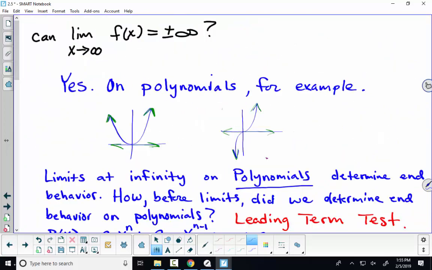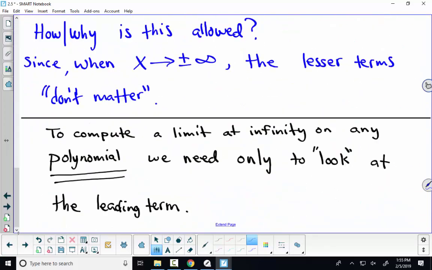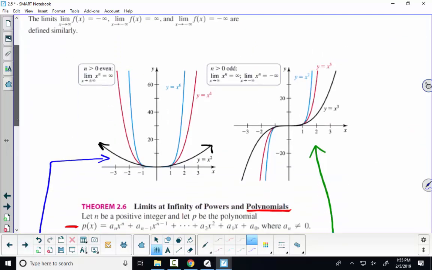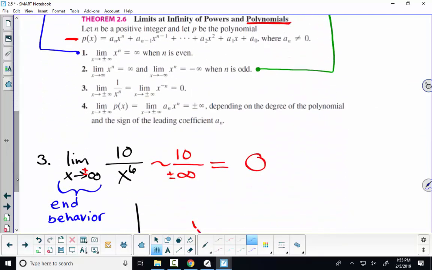The very end of this page here. To compute a limit at infinity on any polynomial, we need to only look at the leading term. So if we look at item number 4, to compute a limit at infinity on p of x, which is any polynomial, all we have to do is look at the limit at infinity on this one right here. This is the leading term. Which we see right here, that's the leading term of that polynomial.